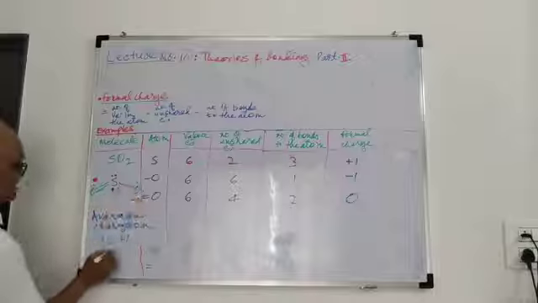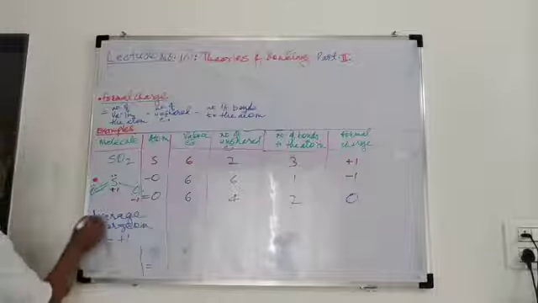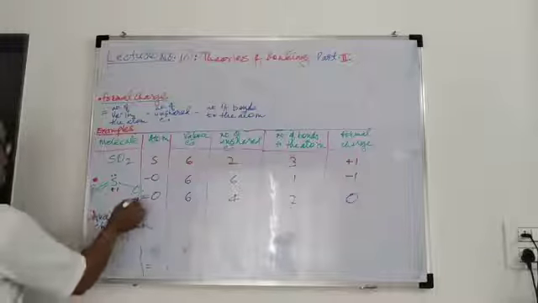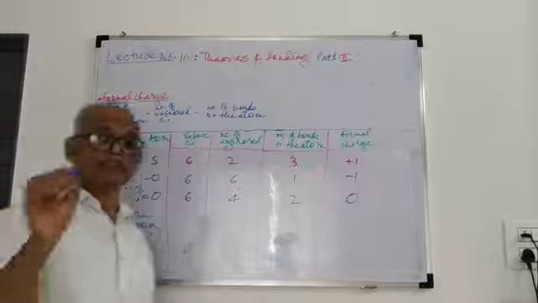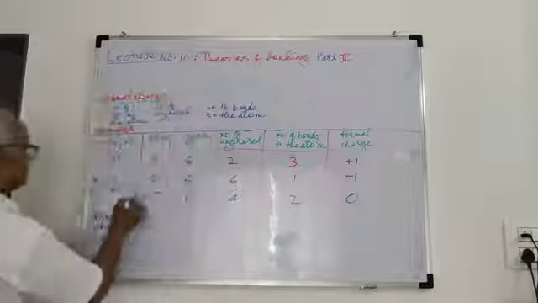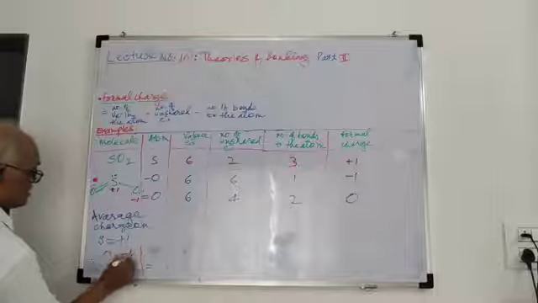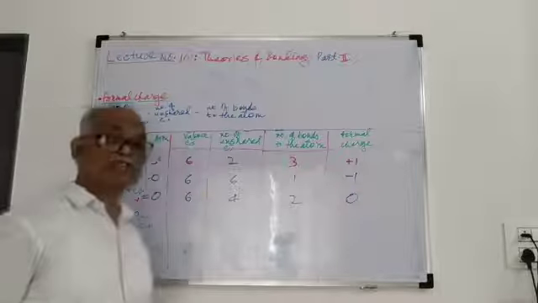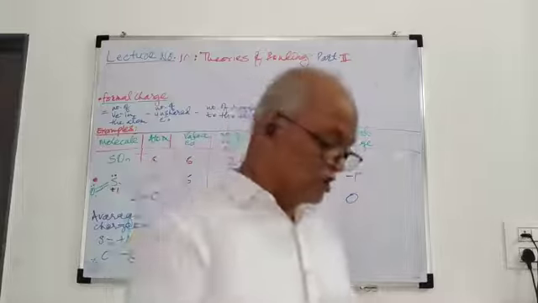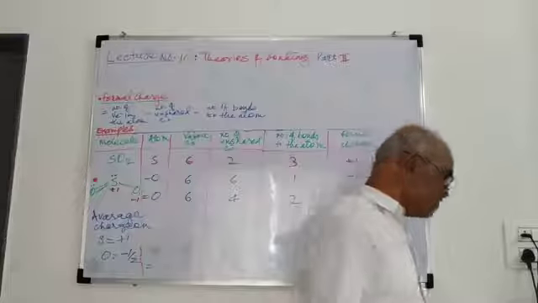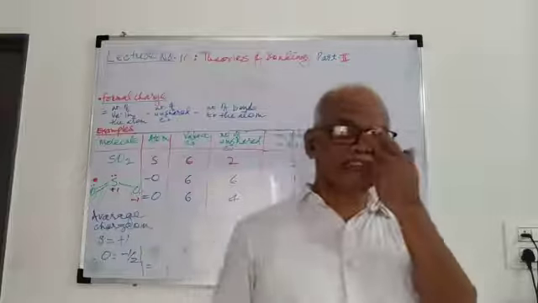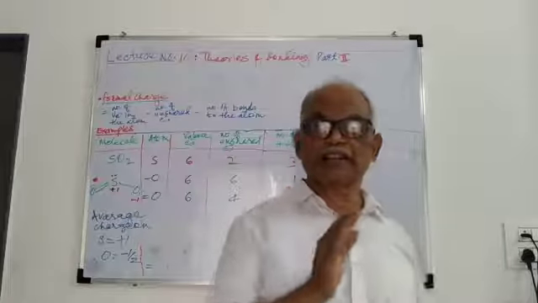Now we will see the average charge on oxygen. This oxygen has 0 charge, this oxygen has minus 1 charge. If we take the average of these two, we will get minus 1/2. So this is the average charge present on oxygen. In this way we can calculate average charge when there are resonating structures.